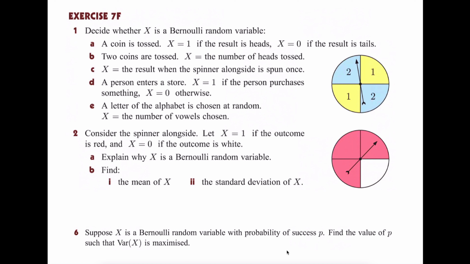The second one actually asks us to calculate something pretty simple. Consider the spinner alongside, x equals 1 if the outcome is red and x equals 0 if the outcome is white. Bernoulli, because there are only two outcomes, x is equal to 1 and x is equal to 0. The probability of a success is 3/4. The probability of a failure is 1/4.